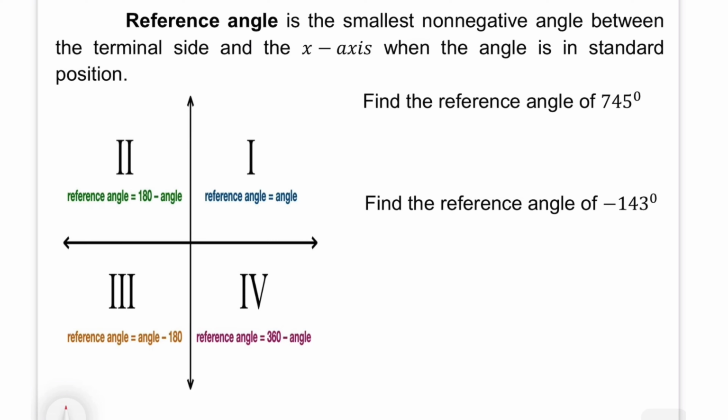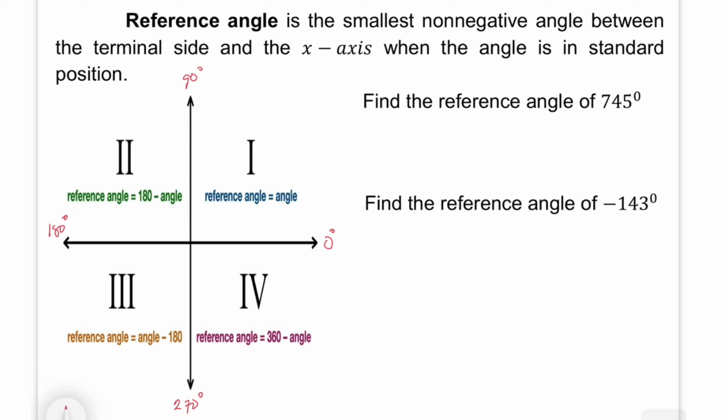So, paano ba malalaman kung saan siya papasok, kung saang quadrant siya kabilang? So, this part, this will be 0. Tapos, ito ay 90. Tapos, ito ay 180 degrees. Tapos, ito ay 270 degrees. So, kapag more than 0 but less than 90, that is quadrant 1.